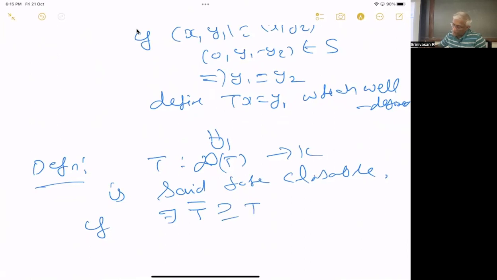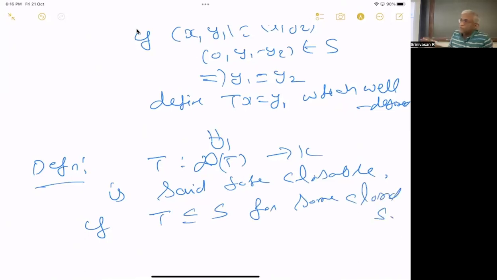T is contained in some closed operator. What do we mean by an operator contained in another operator? If the graph is contained, then we say that operator is contained in the other operator. If T is contained in S for some closed operator, yes, it is contained in some closed operator.